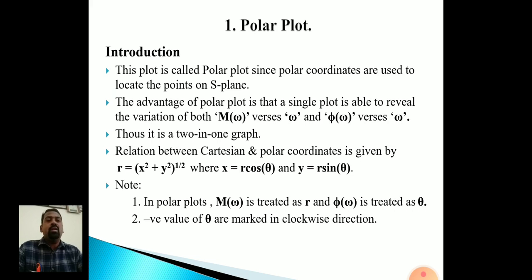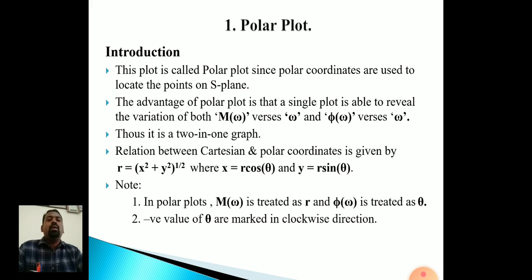Here the relation between the Cartesian and polar coordinates is expressed mathematically as r equals x square plus y square to the power 1 by 2, or r equals square root of x square plus y square, where x equals r cos theta and y equals r sin theta.